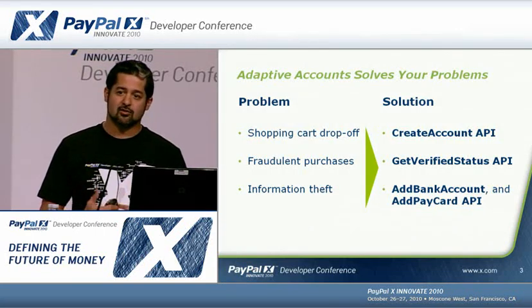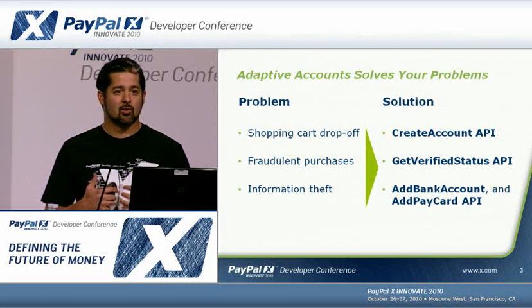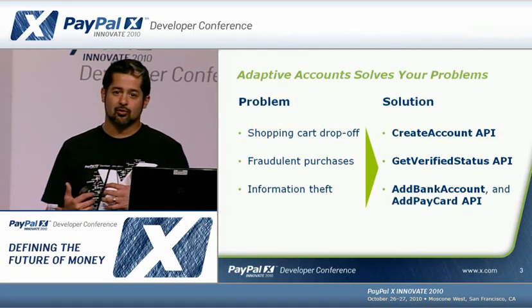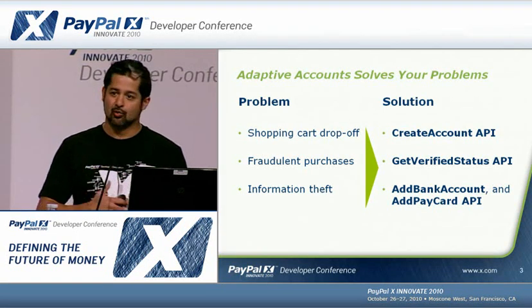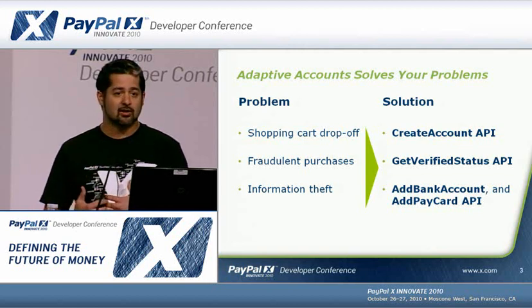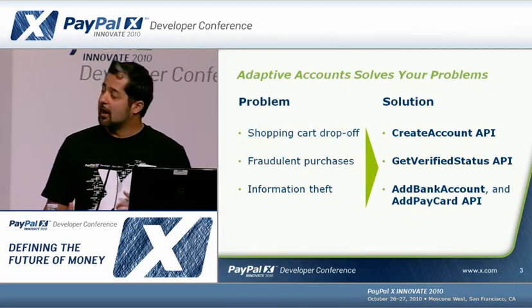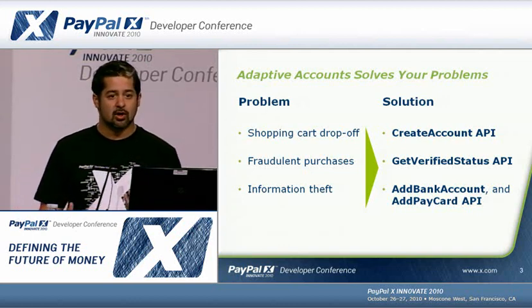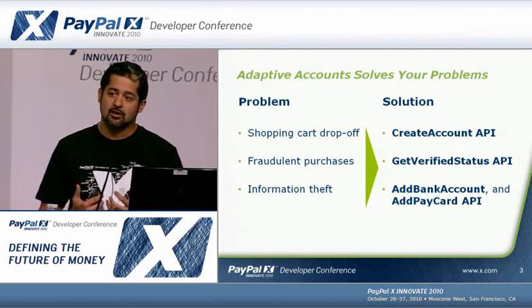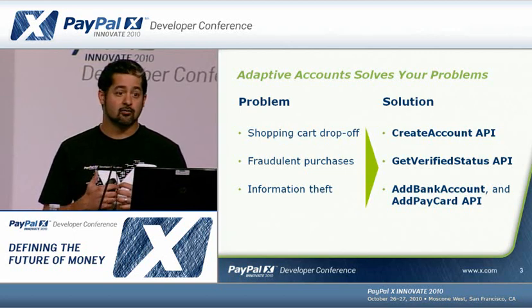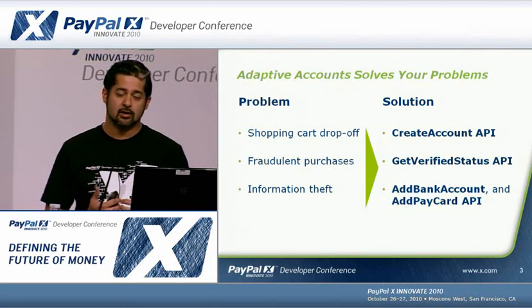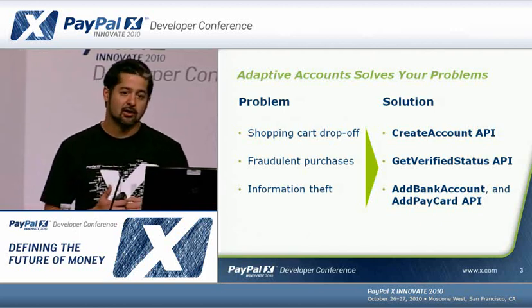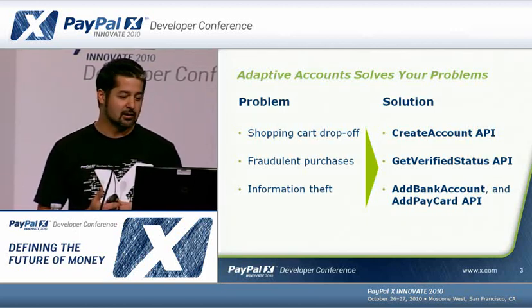So you can imagine the experience of going through a website or an application and not being able to transact because you have to go to another page, another website, create a PayPal account. Well, our Adaptive Accounts Create Account API helps you streamline that experience and create the account on the fly very dynamically and very easily. So Ali, our development lead on adaptive accounts, will talk more about that in depth.